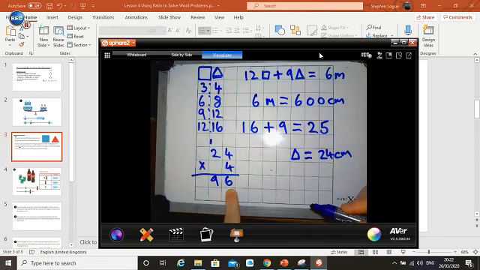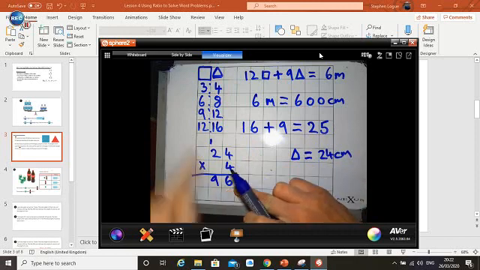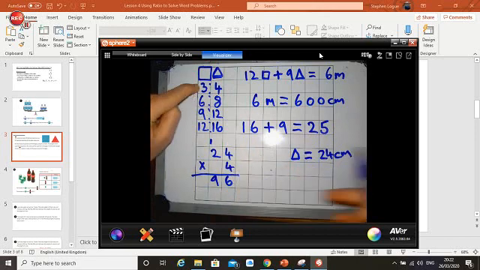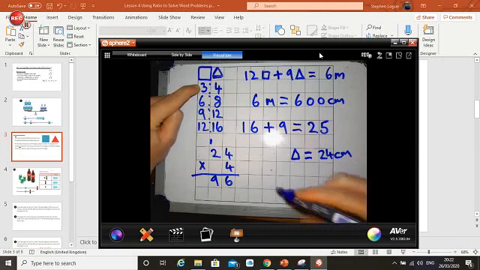We're multiplying by 0 here, so I'm going to miss out that step and just put the place value holder in. 2 times 2 is 4. 2 times 3 is 6. 640 centimeters to make the squares.